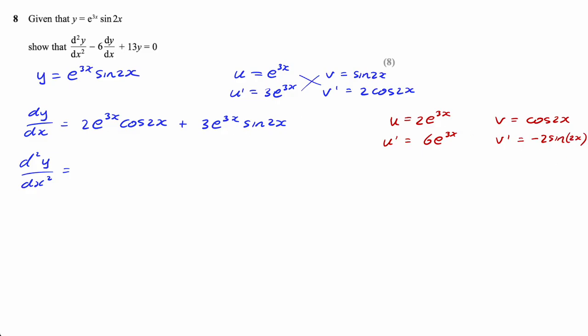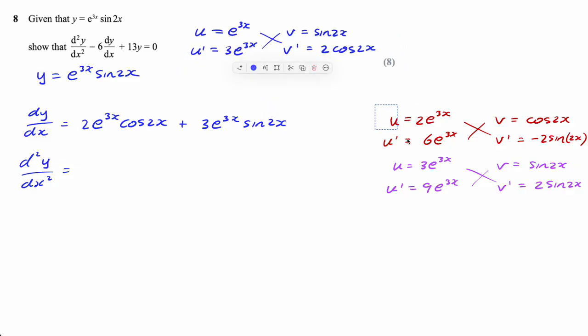And then this guy I'll do here, u is equal to 3e to the 3x, v is equal to sine 2x, u dash is 9e to the 3x, v dash is 2 cos 2x. This times this, this times this, this times this, this times this.